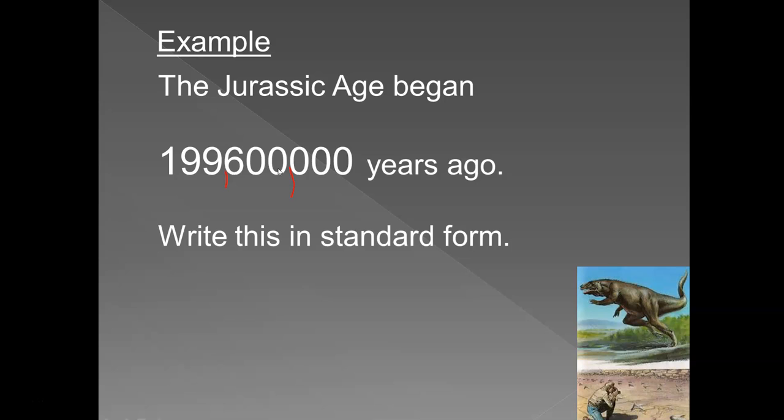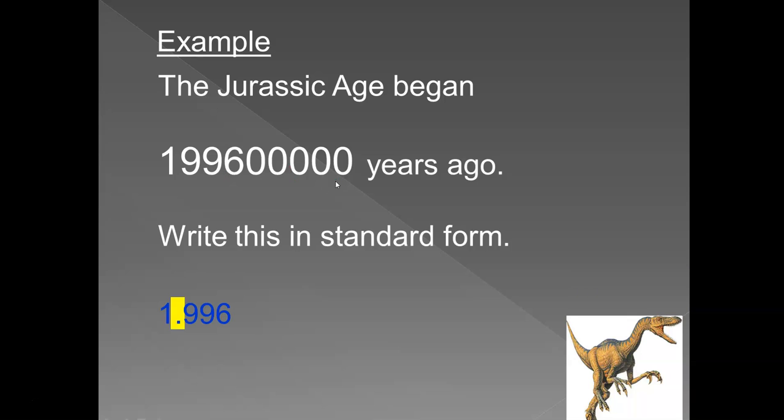Alright, so remember that standard form has two parts, a number between 1 and 10, and that number is being multiplied by a power of 10. So the power of 10 is actually how many places you move the decimal point to get your big number or your small number to be less than 10.